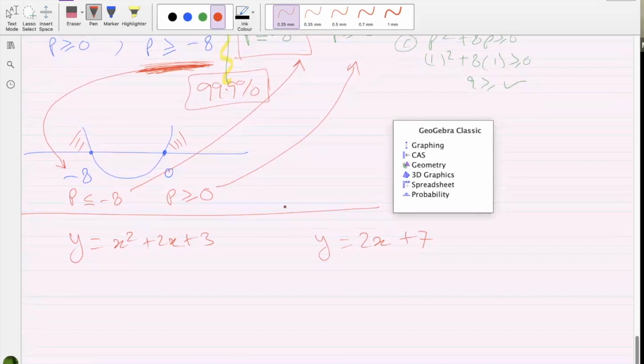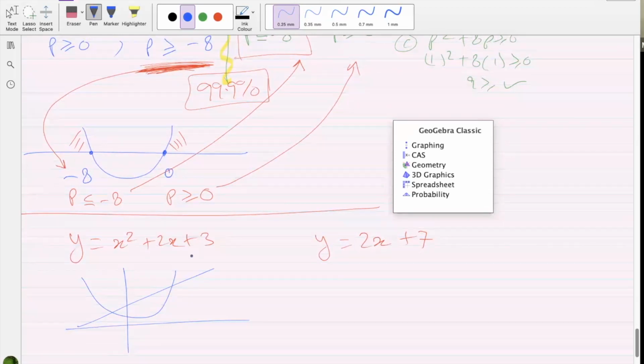Before opening that, suppose it looks like this and this. Does it make sense? One graph is quadratic, the other is linear. If the question tells you that x squared plus 2x plus 3 is greater than 2x plus 7, you will always have 2 points of intersection for a quadratic and a linear graph, if it is not a tangent.